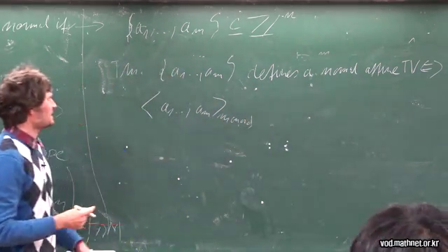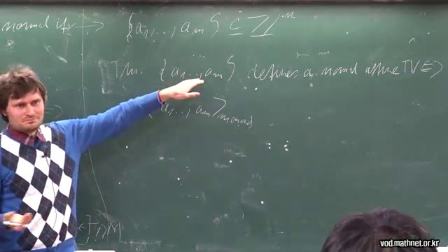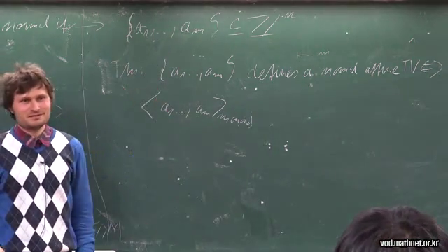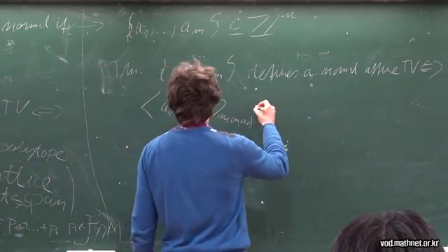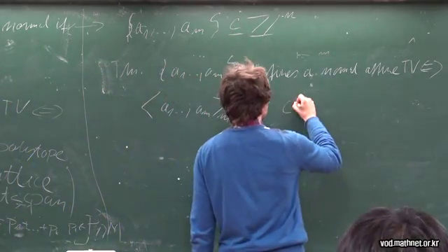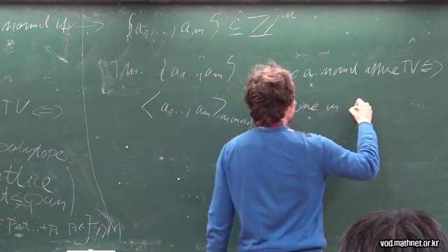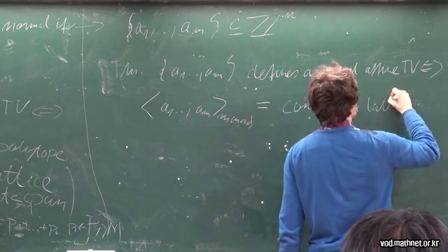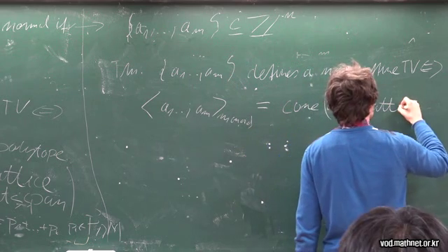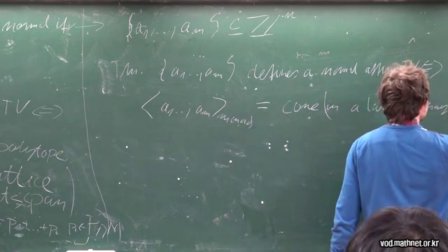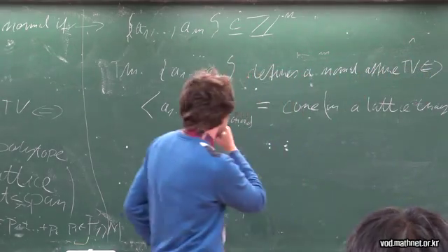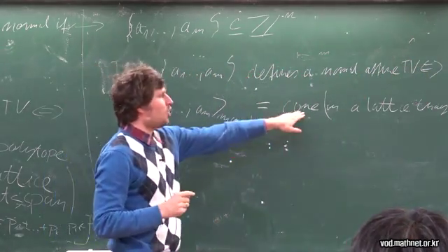Okay, so maybe it sounds scary, but I just mean you add them. Yeah, you add them. And this is the monoid generated by the lattice points. And this has to be equal to the cone in the lattice they span. And what do I mean by a cone?